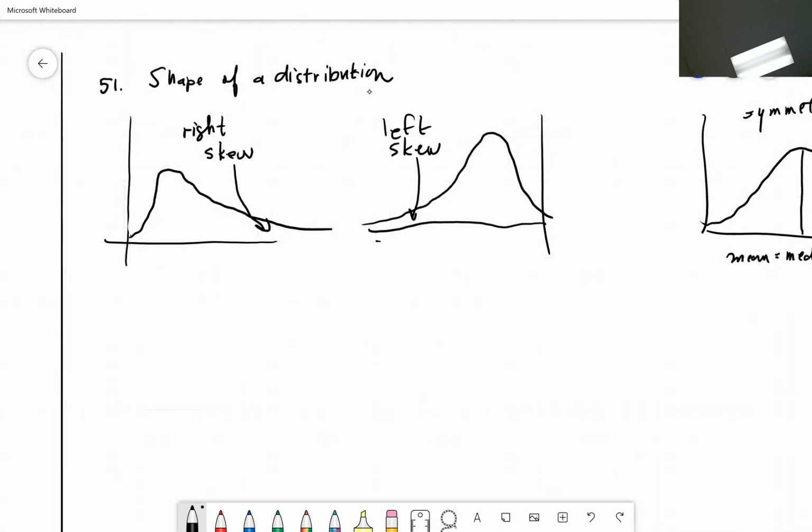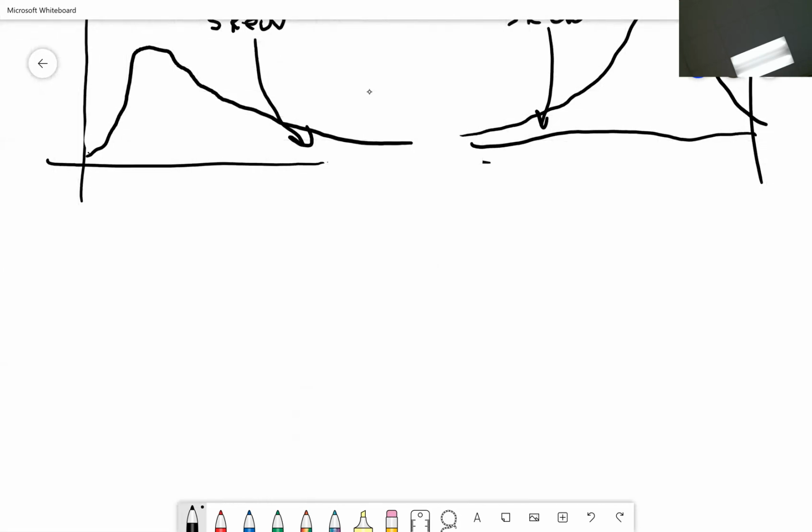But if you look over here on the right skew, what happens is these numbers here pull the mean over to the right. Sometimes these numbers might be called outliers. Sometimes not.